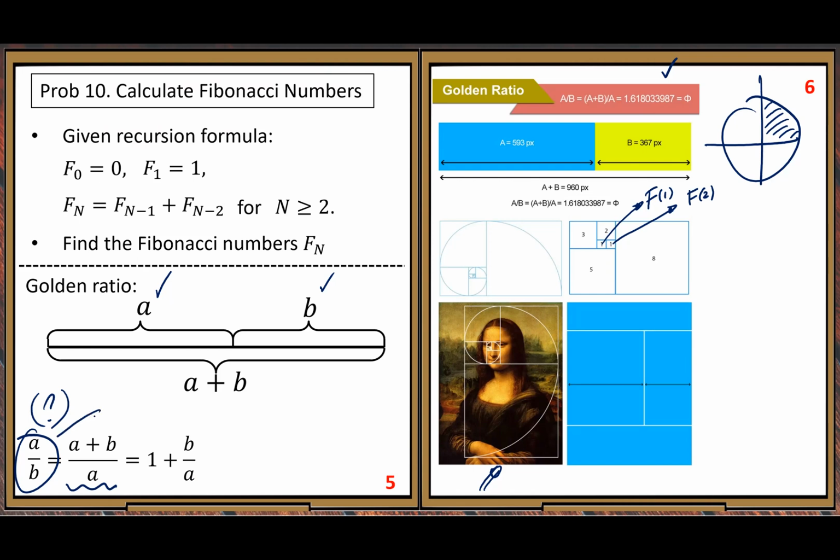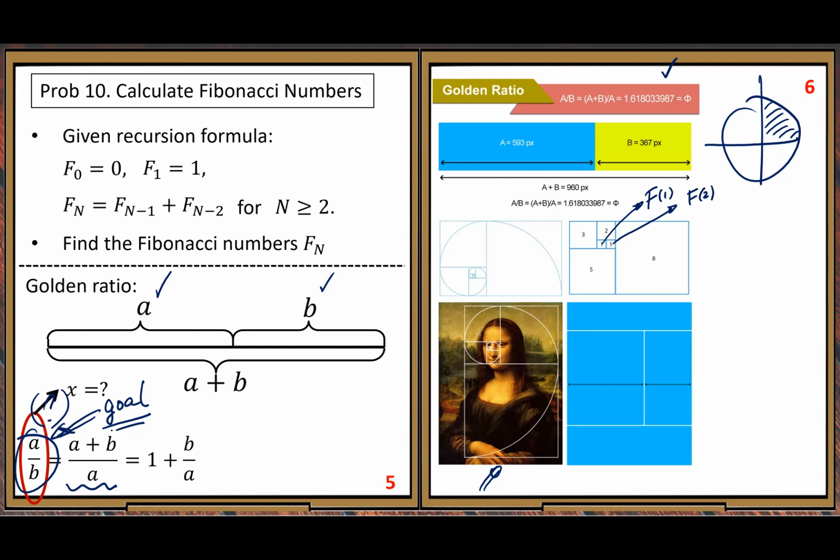So our goal is to find this ratio, A over B. How to do it? We make this ratio a variable x.